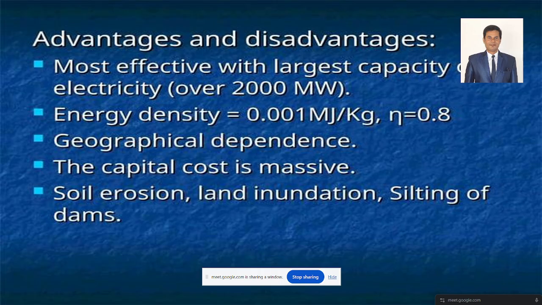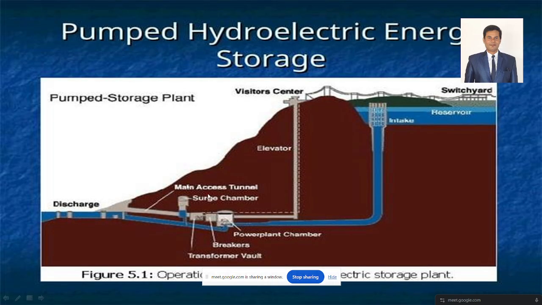It depends on all the geographical parameters, such as the type of soil layers you are going to use, black soil, red soil, everything depends on the geographical nature. The capital cost is very massive because the construction of this plant is very difficult.